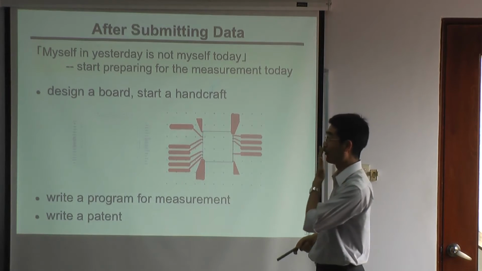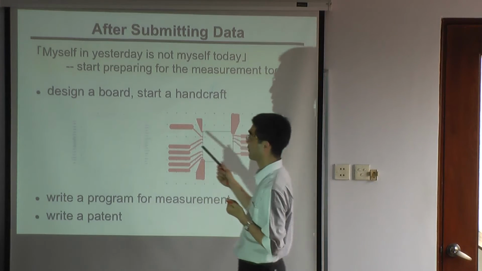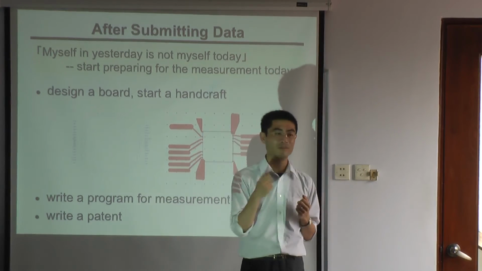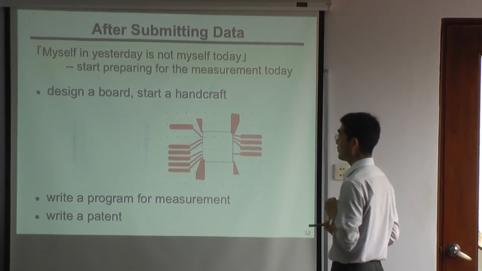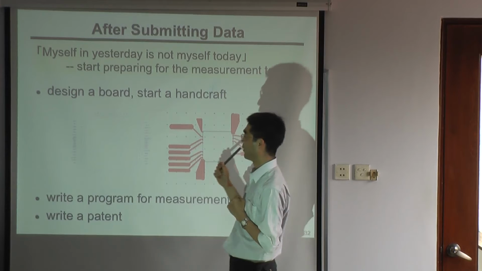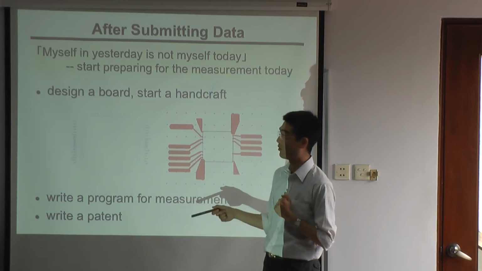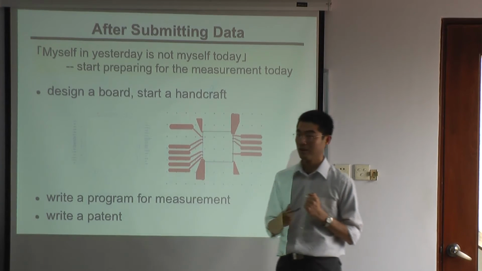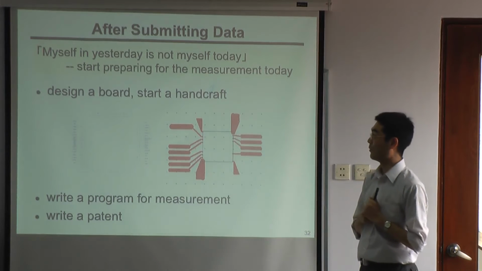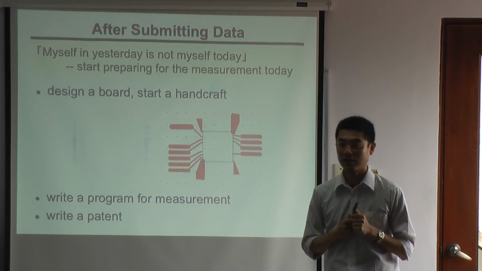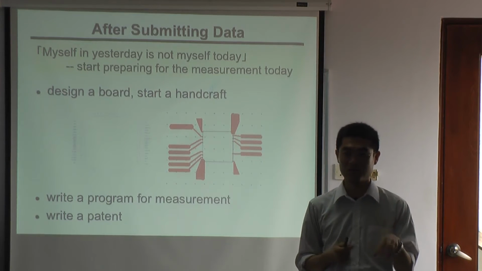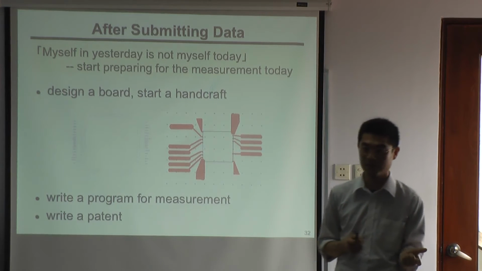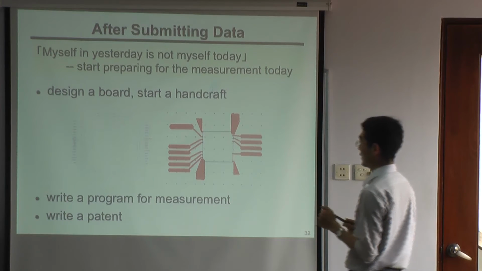So I recommend you to prepare for measurement as soon as possible after submitting your data. First, you might start a board design, or you start a handcraft to plan how to put capacitors on power and ground, something like that.